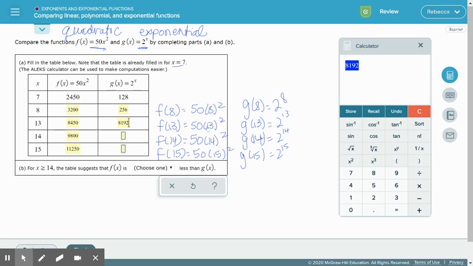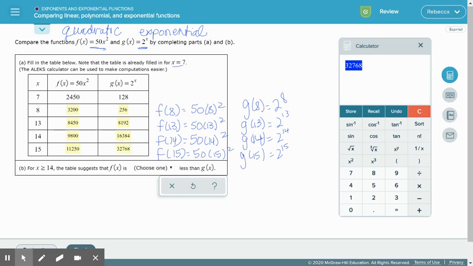And then we'll be doing 2 to the 14th, 16,384. And then 2 to the 15th. $32,768.